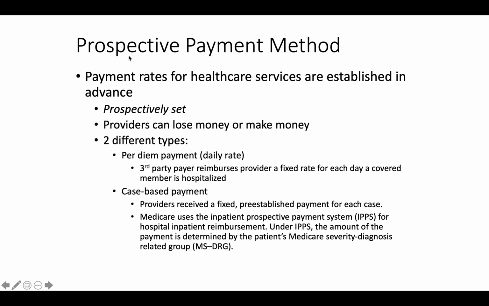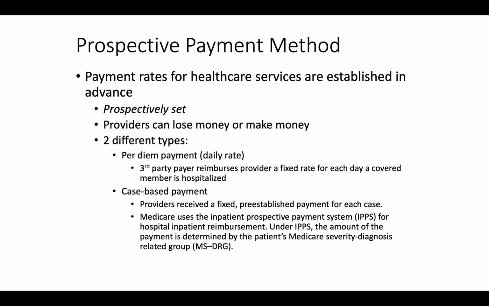The third type of episode of care reimbursement is called prospective payment. So as you imagine, it seems that from our discussion, we are moving from the old method to the most recent method. Each method is trying to deal with issues that have arisen in the past.